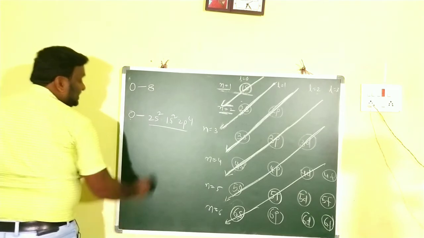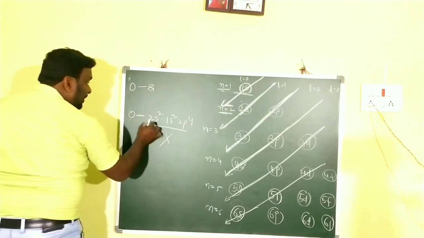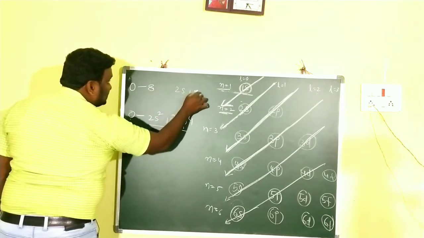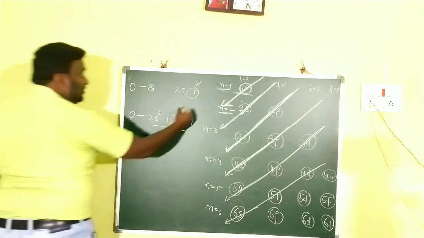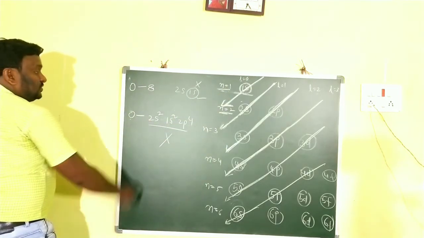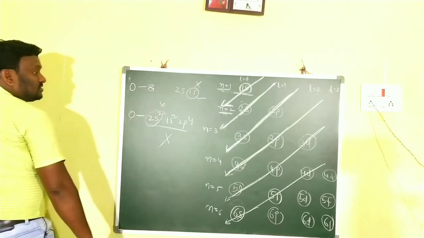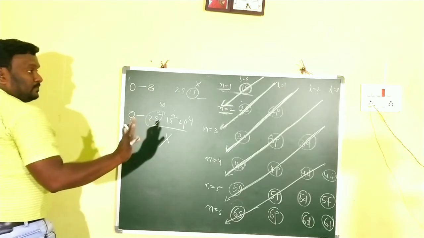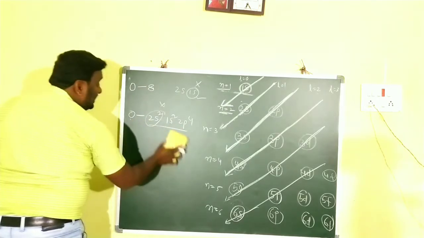Then what do you have to say? This is wrong. Why is it wrong? Compared to 2s and 1s, 1s is the lowest energy shell. First we have to fill the 1s, but here 2s is given. It's wrong. Clear? And 1s2, 2p4. So how can we correct this one?